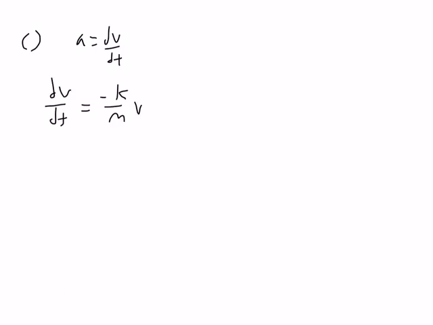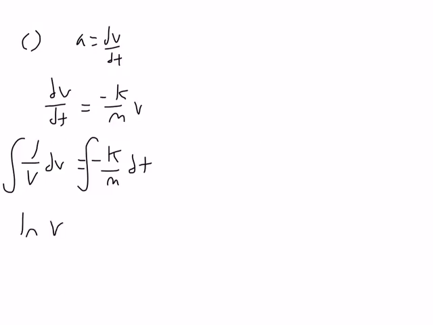We're going to separate the variables into all the velocity stuff on one side and all the t stuff on the other. So we divide by v and multiply by dt. And now we have to integrate. So we integrate this side and integrate that side. On this side, we get a natural log.